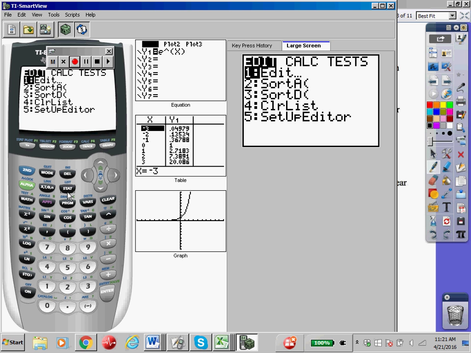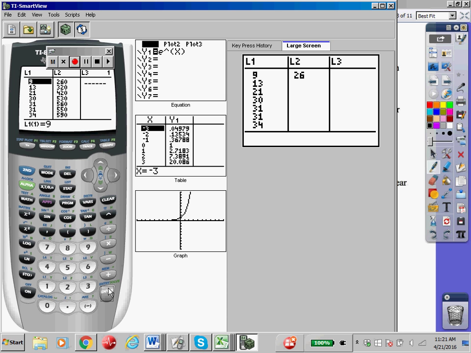On number 1, press enter. Then arrow up to the tippy top and press clear, enter. It's going to delete anything in there. If you have nothing there, just wait for me. Again, go to the tippy top, press clear, and enter.